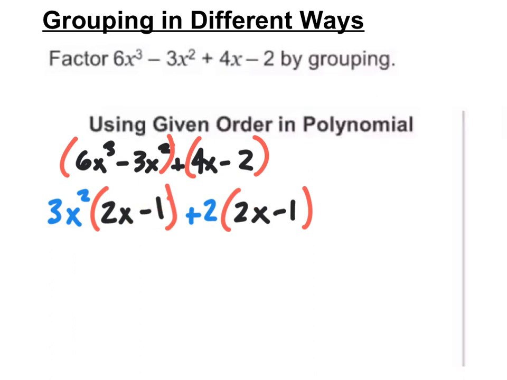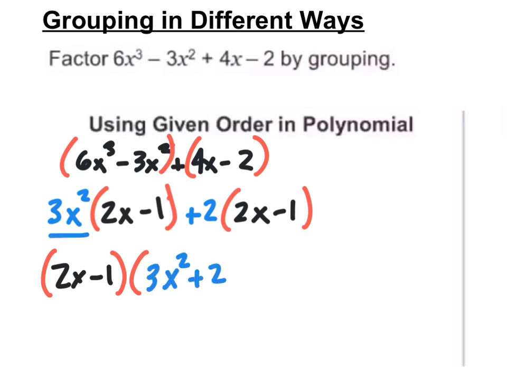This part, the 2x minus 1, I can now factor out. And so therefore, I'm left with the quantity 2x minus 1, and then I'm just left with what I've got, which is going to be 3x squared and a plus 2. And that's it, okay? And this is my answer, all right?